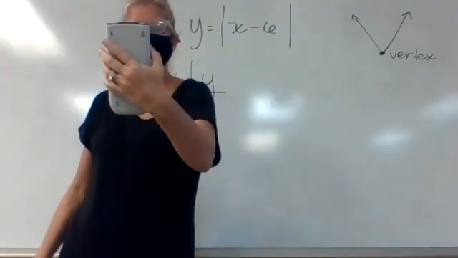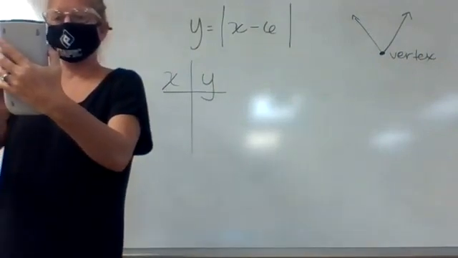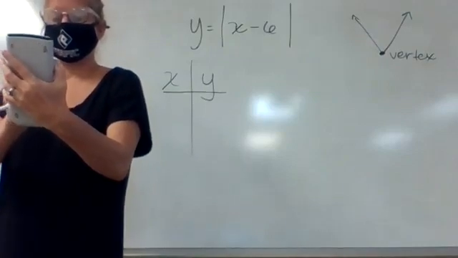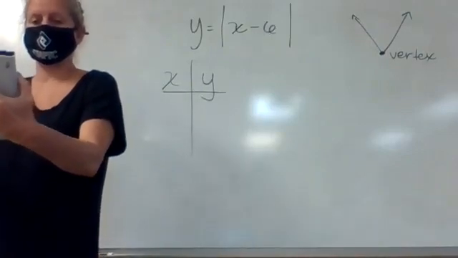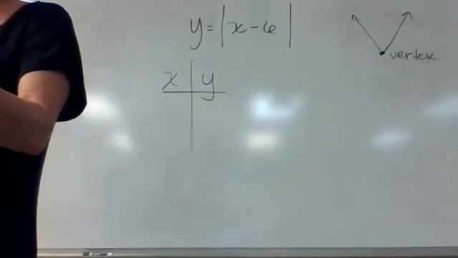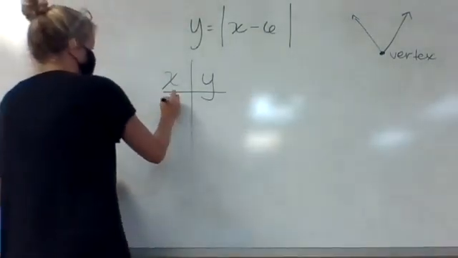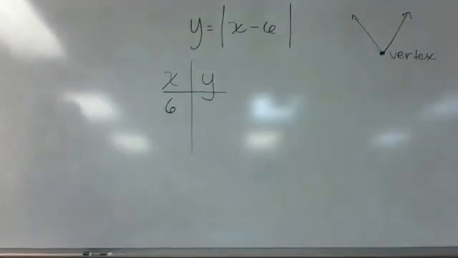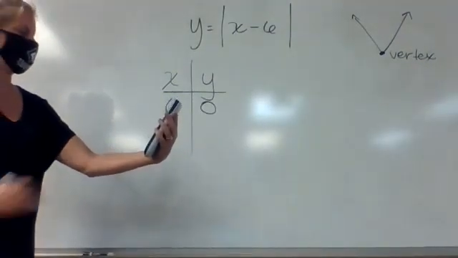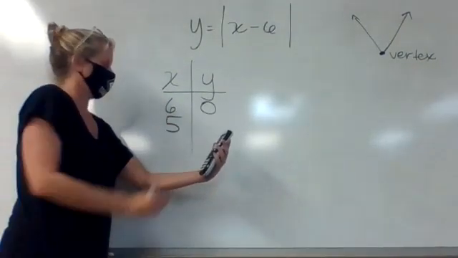So when I'm looking at this, if you'll look where the x is 6. When the x is 6, what is the y? What goes with the 6? 0. Look right above that point. If the x is 5, what is its y? 1.